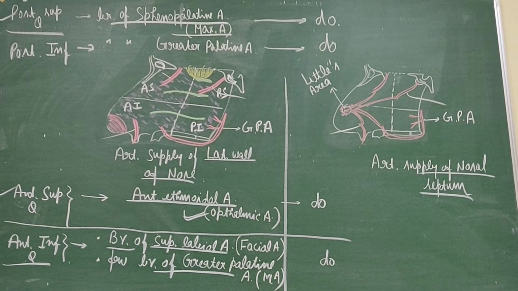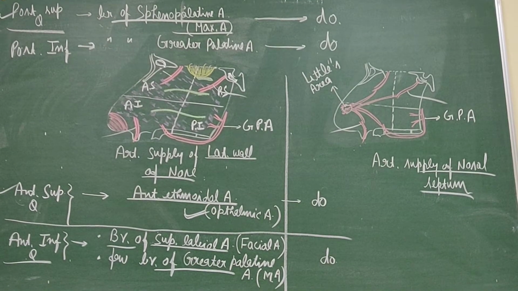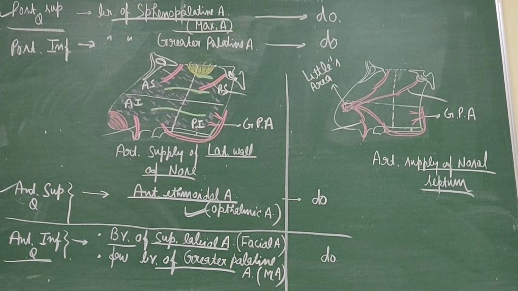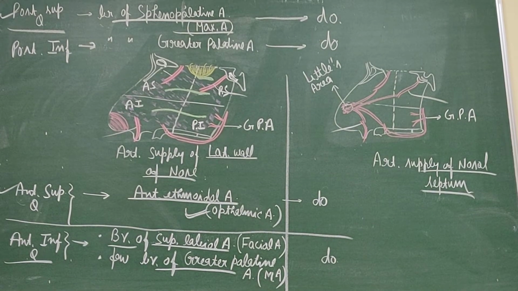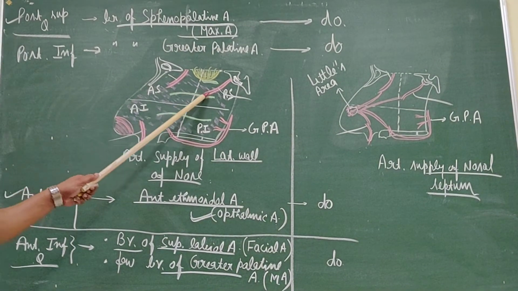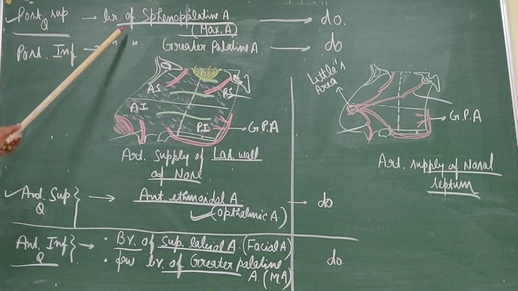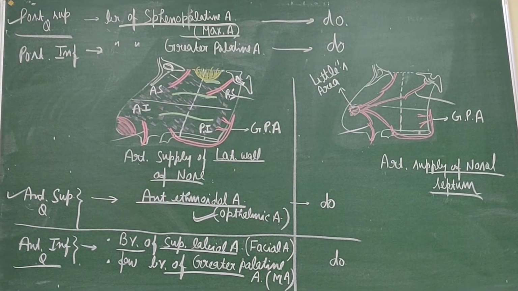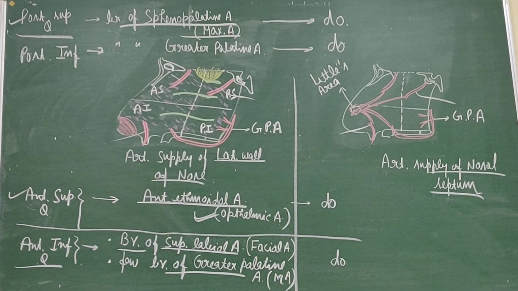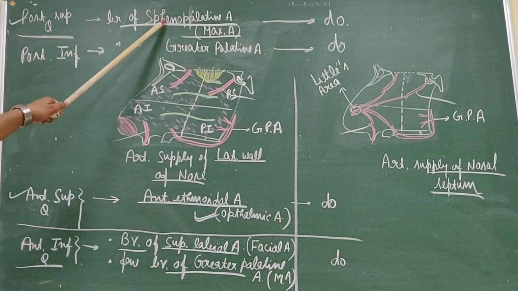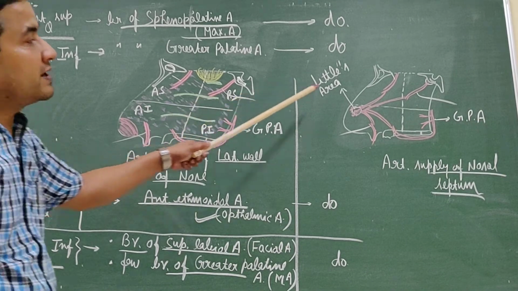This branch, the sphenopalatine artery, enters through the sphenopalatine foramen and supplies the posterosuperior quadrant, and it is considered the chief artery. Its branch is known as the septal branch.